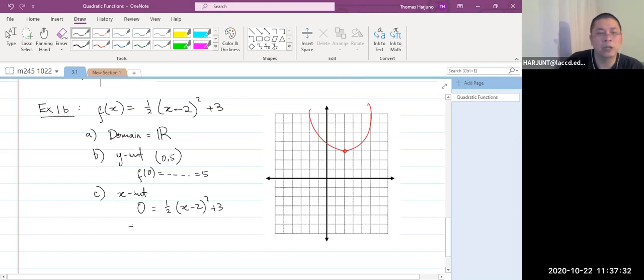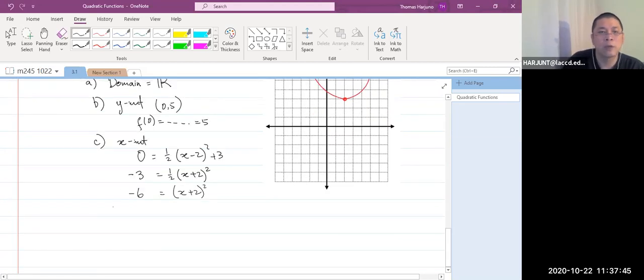Well, if I subtract by 3 and then multiply by 2, I will get something squared equals a negative number. If I proceed further, you will get plus or minus the square root of -6. You see what I mean? But this is an imaginary number.